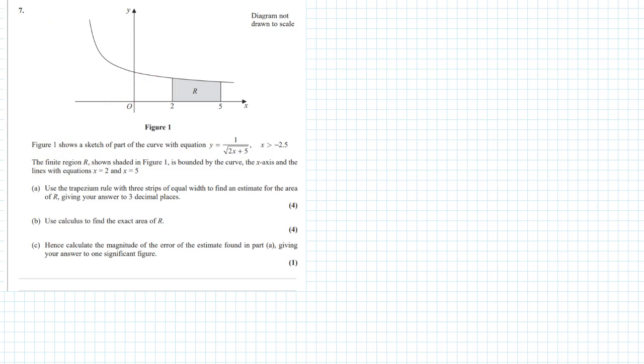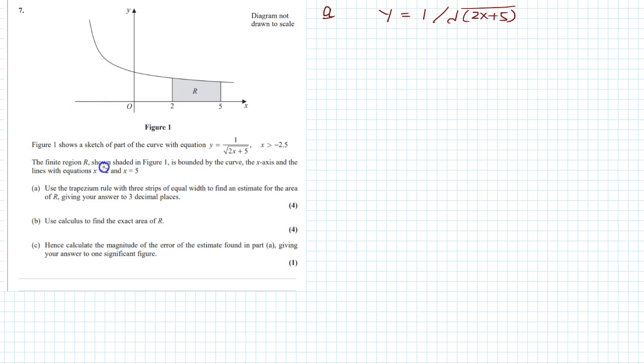Question number 7. The figure shows the sketch of a part of the curve with the equation y is equal to 1 over root 2x plus 5, x is greater than negative 2.5.